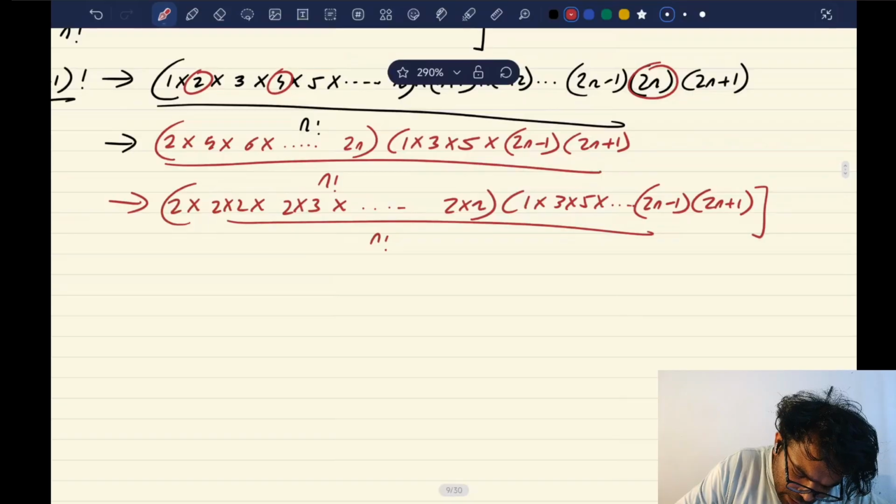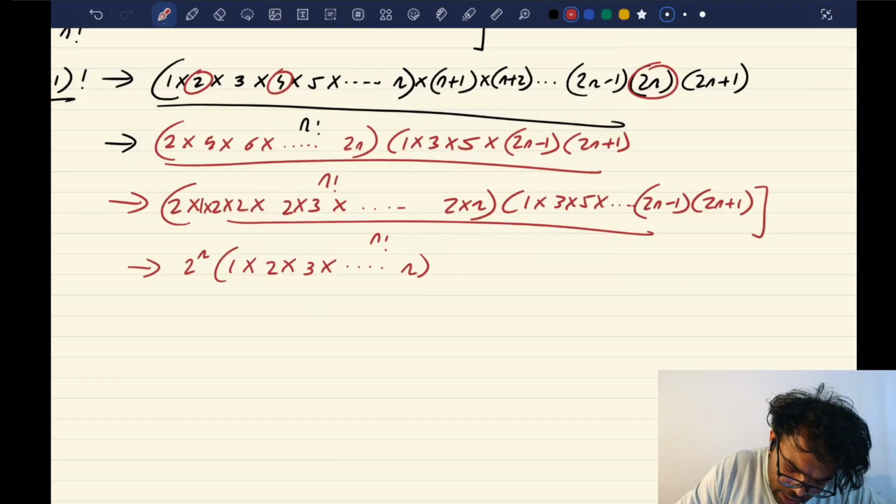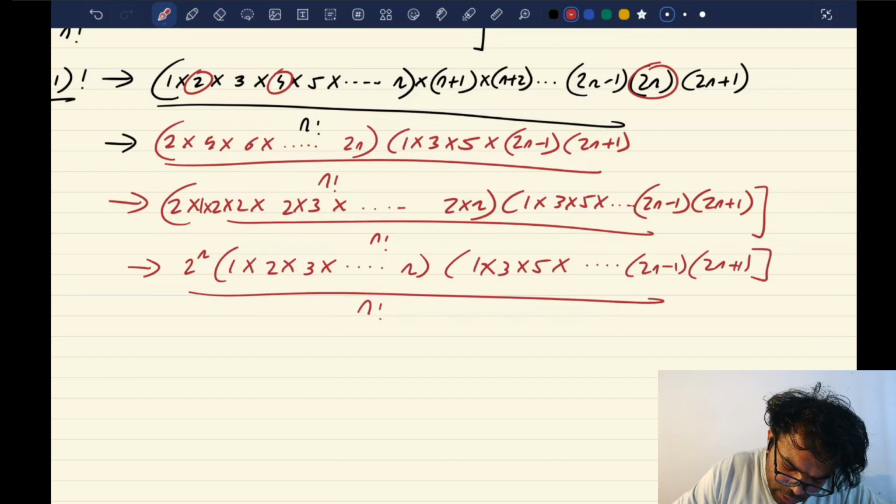This can be written as 2 to the power of n into 1 into 2 into 3 into n into 1 into 3 into 5 into 2n minus 1 into 2n plus 1 upon n factorial.